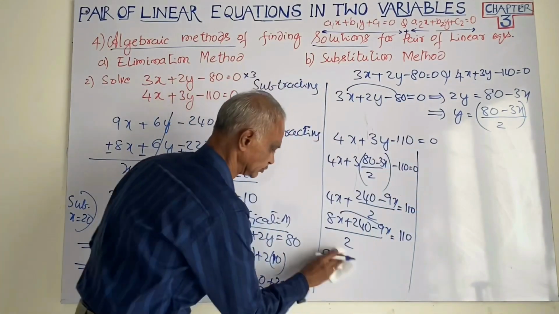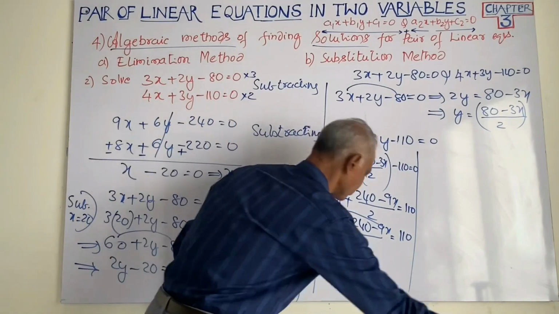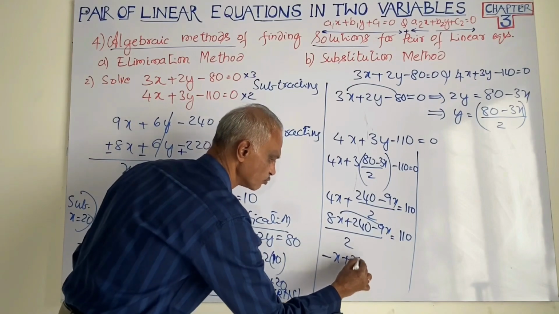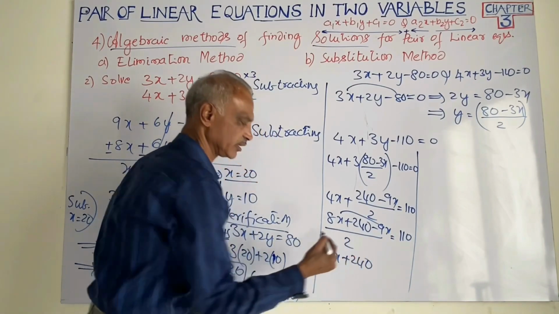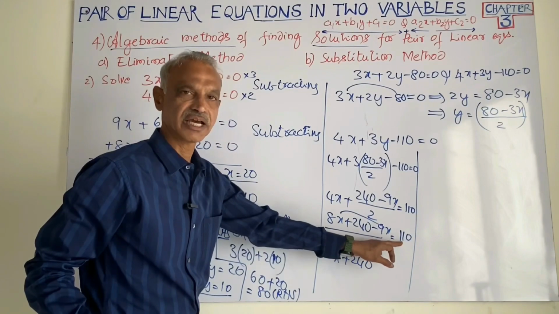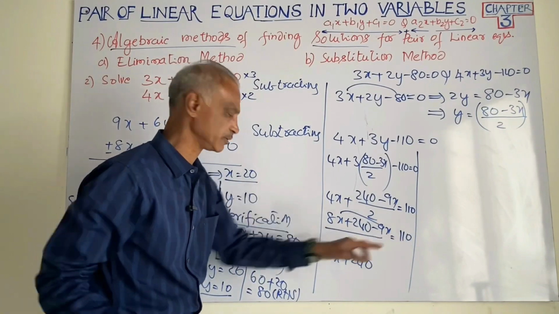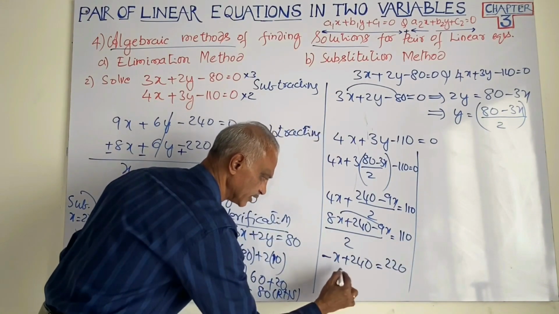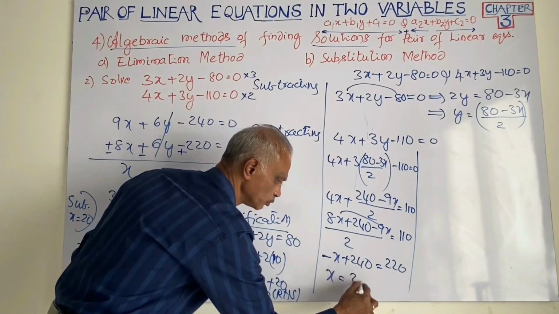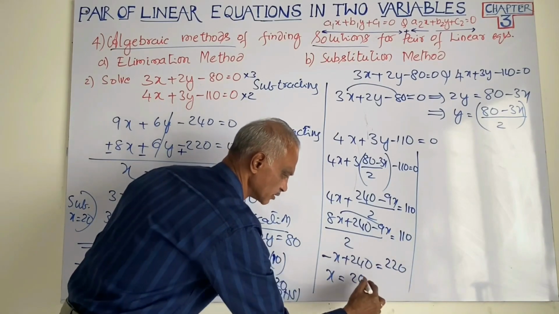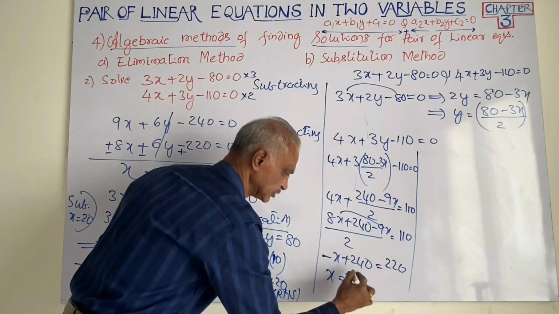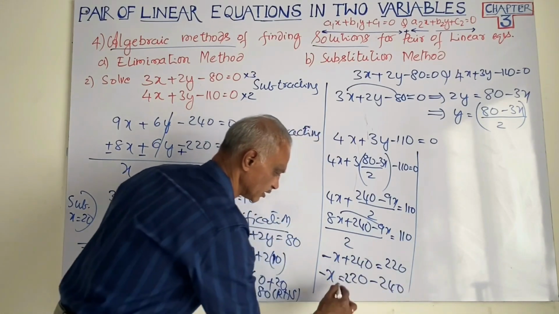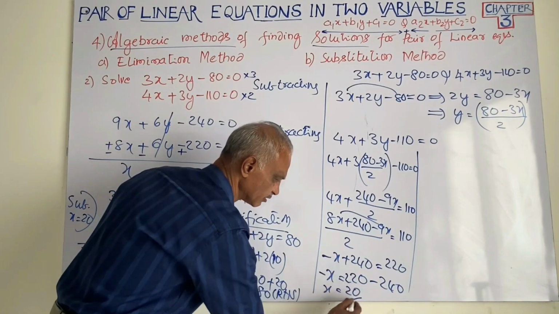You will get 8x minus 9x, that is minus x, plus 240 is equal to 220. So minus x is equal to 220 minus 240.